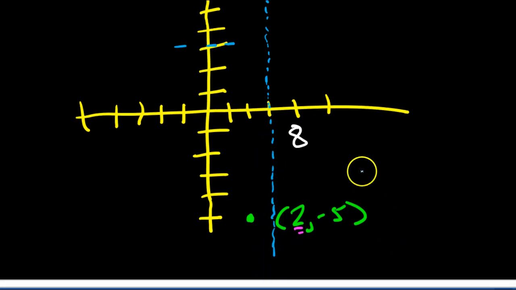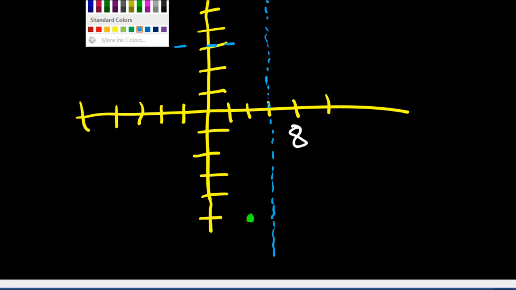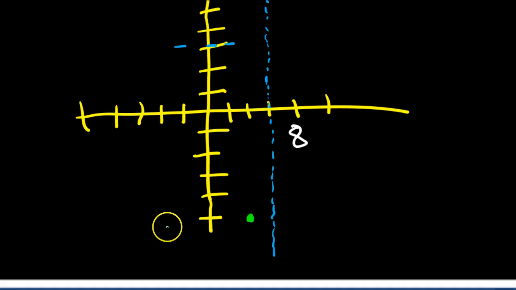So we have to reflect over this line. Okay, so 2 comma negative 5. Let me actually move this. It's in my way. I'll put it over here, 2 comma negative 5. So if I want to find the mirror image of this point, notice how this point is 1 unit to the left of the line. So that means I need to go 1 unit to the right of the line.